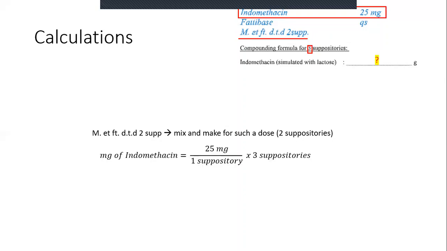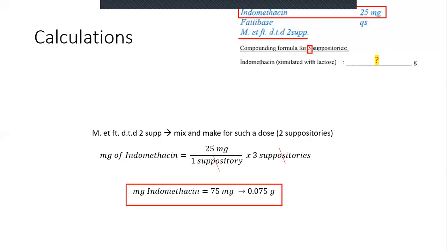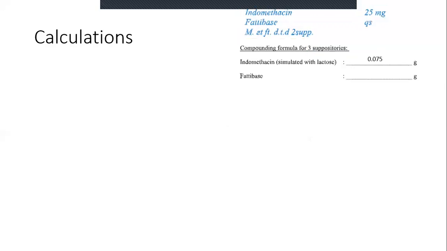And we can set this up to multiply 3 suppositories times the 25 milligrams that are needed for 1 suppository. The units would cancel out, and we can solve through that for 3 suppositories we will need 75 milligrams, which is also 0.075 grams.